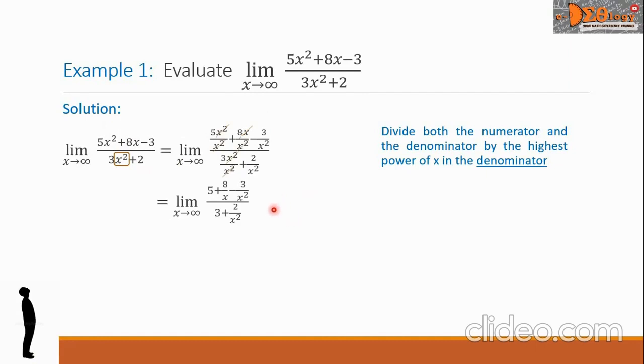So the new fraction will be 5 plus 8 over x minus 3 over x squared all over 3 plus 2 over x squared. And from here, we're going to show that we are going to take the limit of each of the terms in the numerator and in the denominator respectively. So it will be like this.